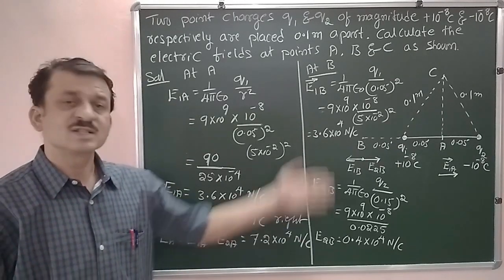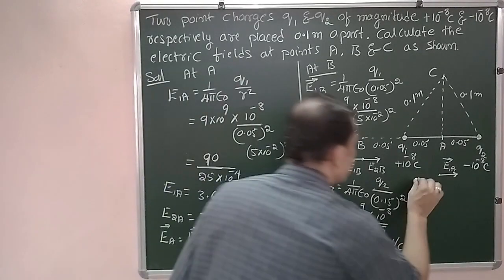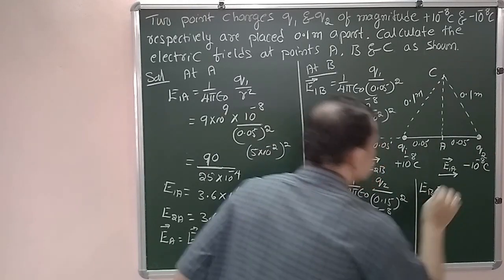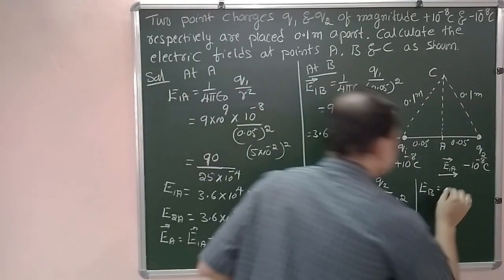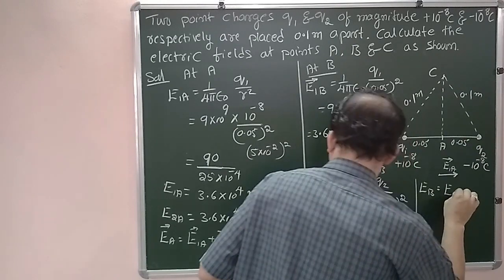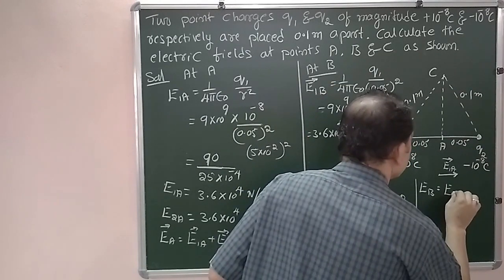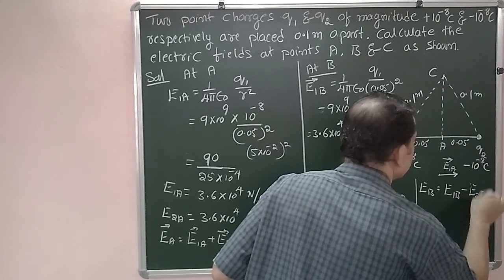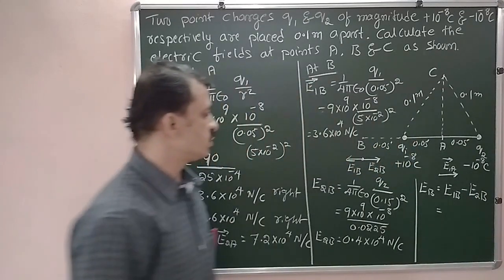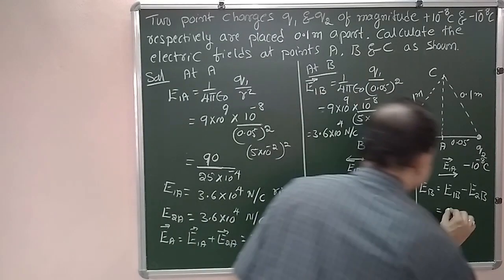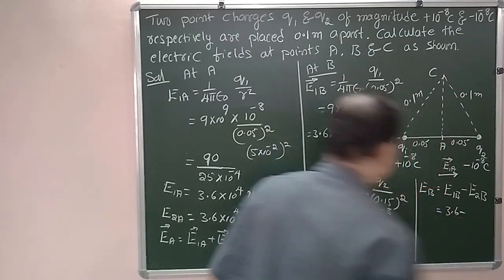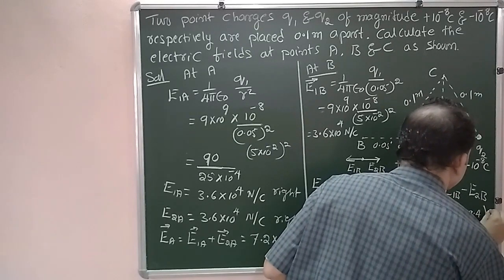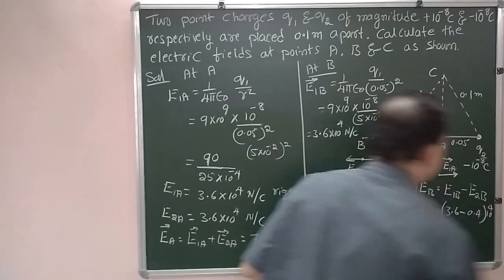Then what is the total electric field at B? Since they are exactly opposite, EB is equal to E1B minus E2B. E1B is 3.6 minus 0.4, into 10 to the power of 4.